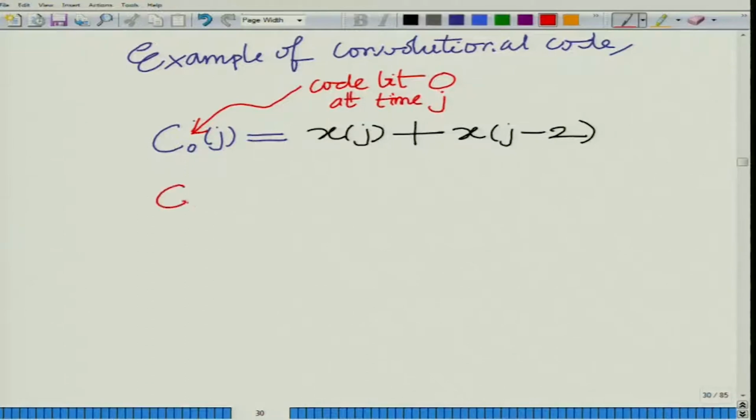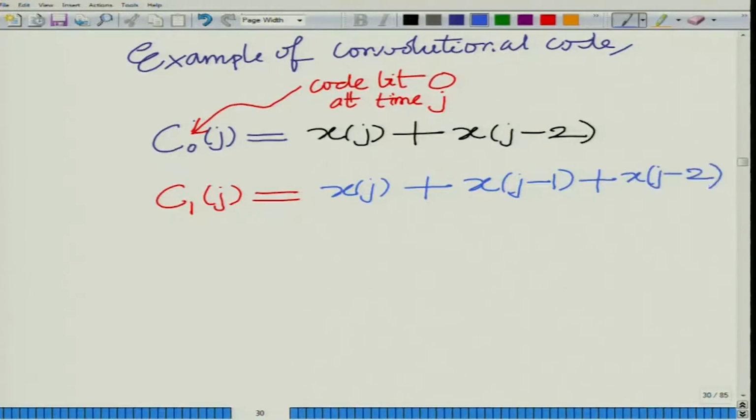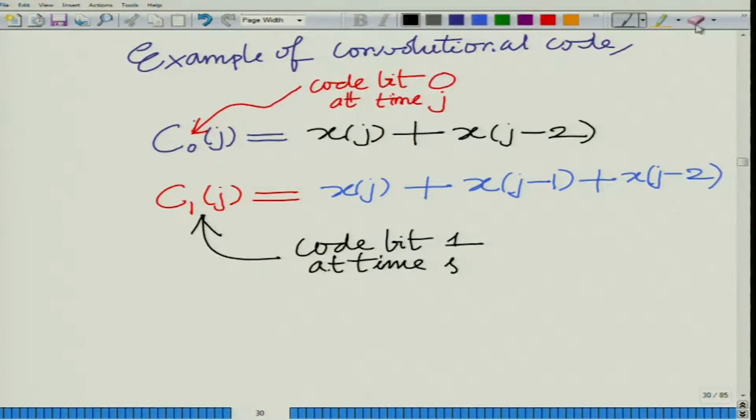Code bit 1 at time j equals xj minus 1 plus xj minus 2, and this is your code bit 1 at time j. Now, what is the meaning of this?